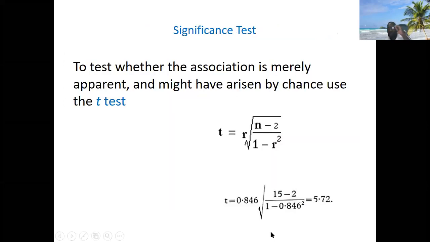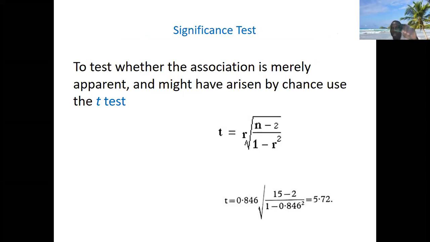Sometimes you may want to test for significance, whether the association is merely apparent. If we run a regression, it will bring the t value for us.